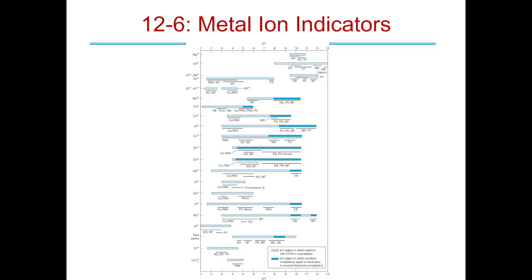Which is like 10 to the negative, what, 5 or 8 or something? It was very low, right? You guys remember the table that has the different amounts of EDTA that would be in the Y4 minus form? No? That's where we got the 0.3 from? No?